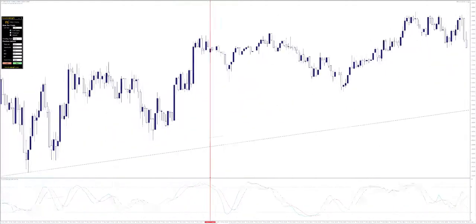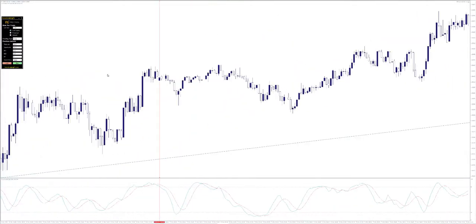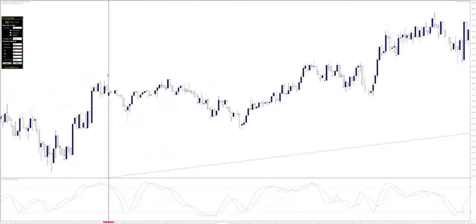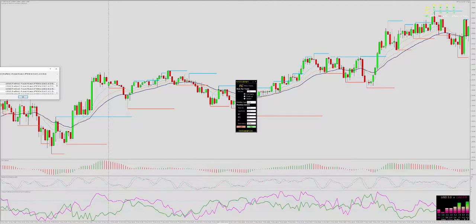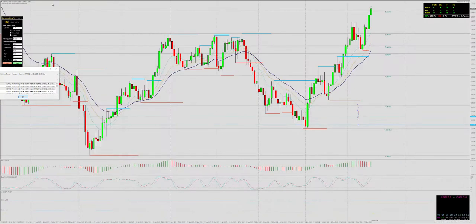Let's see if I can grab my, okay, so my bias is long, right? So I'm gonna switch to my preferred template, which is my MA template. Okay, so I'll have to put my line back again.